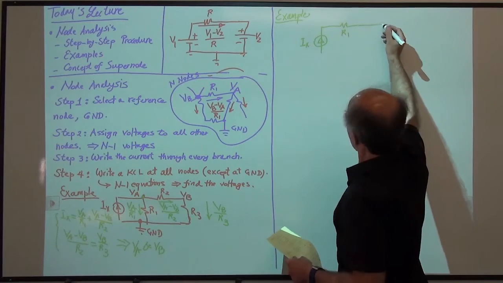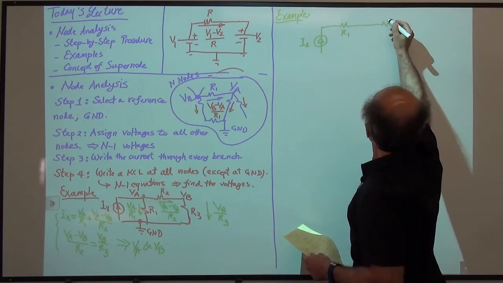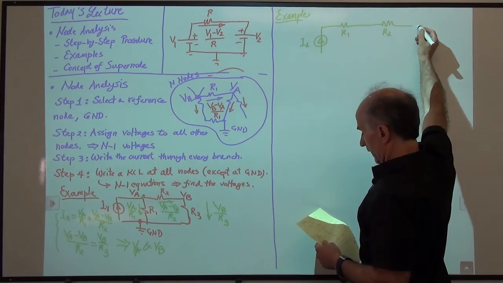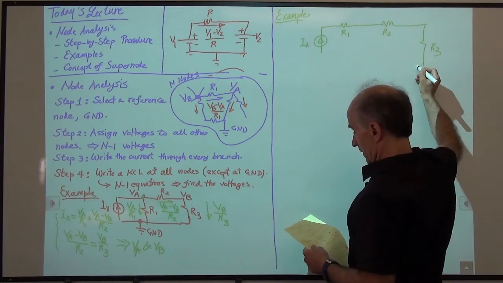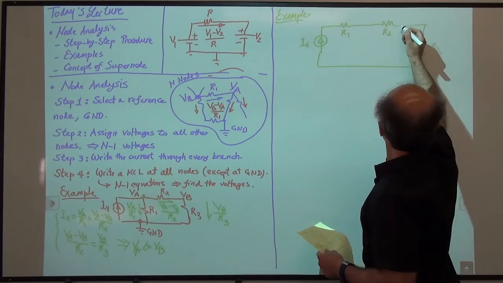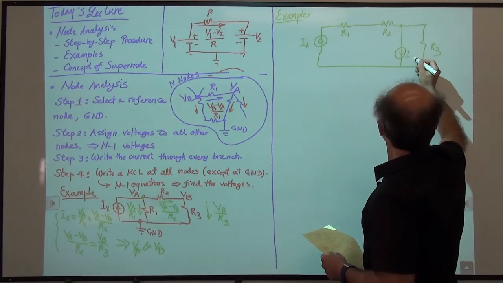R1. I'll try to draw this big because we're going to need to write lots of current equations. R2. Then we have another one here, R3. Then we have a current source here, IY.